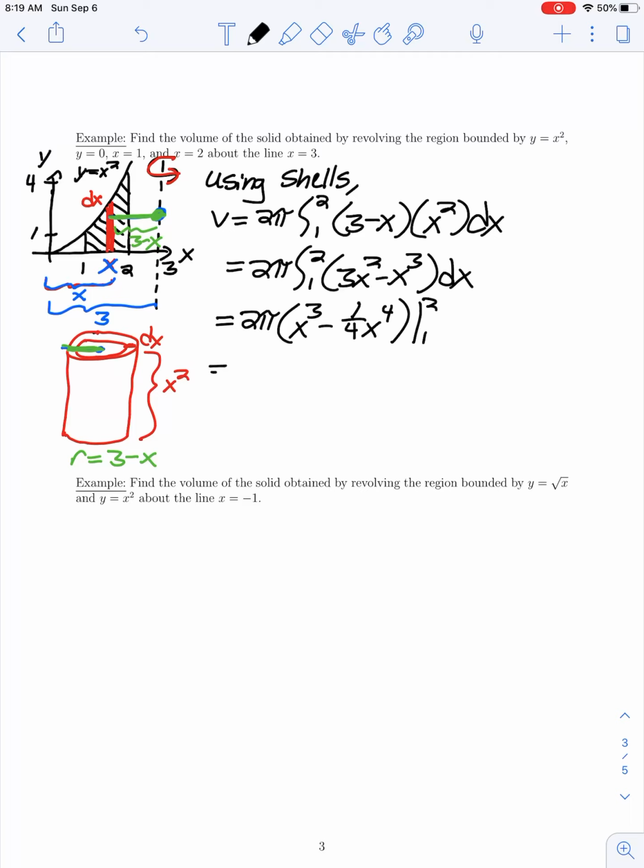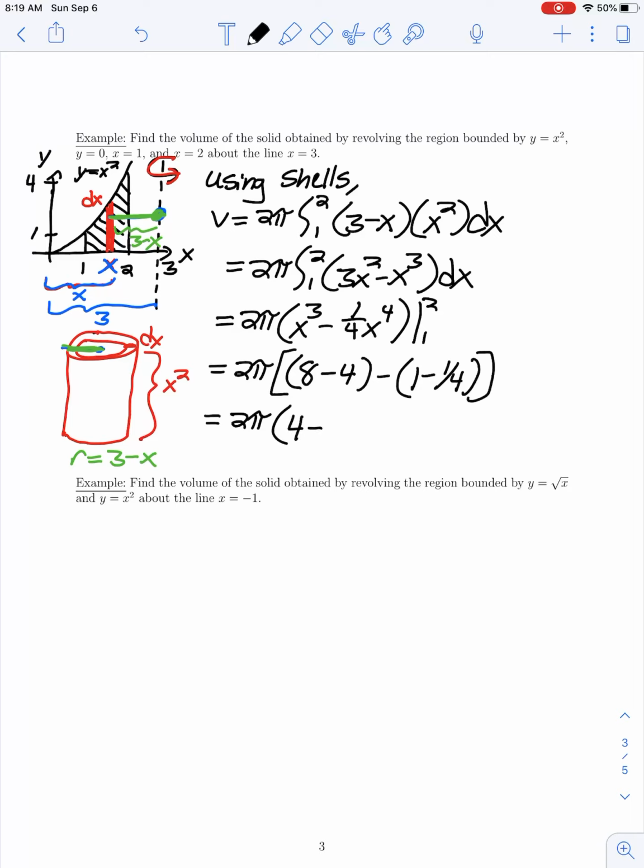So let's see what this leaves us with. We have out in front a constant 2 pi, and when we evaluate this antiderivative at x equals 2, we have 2 cubed, which is 8, minus 2 to the 4th, which is 16 times 1/4 is 4. And then we subtract what we get when we evaluate at x equals 1, which would be 1 minus 1/4. So we're left with 2 pi times the 8 minus 4 gives us 4.